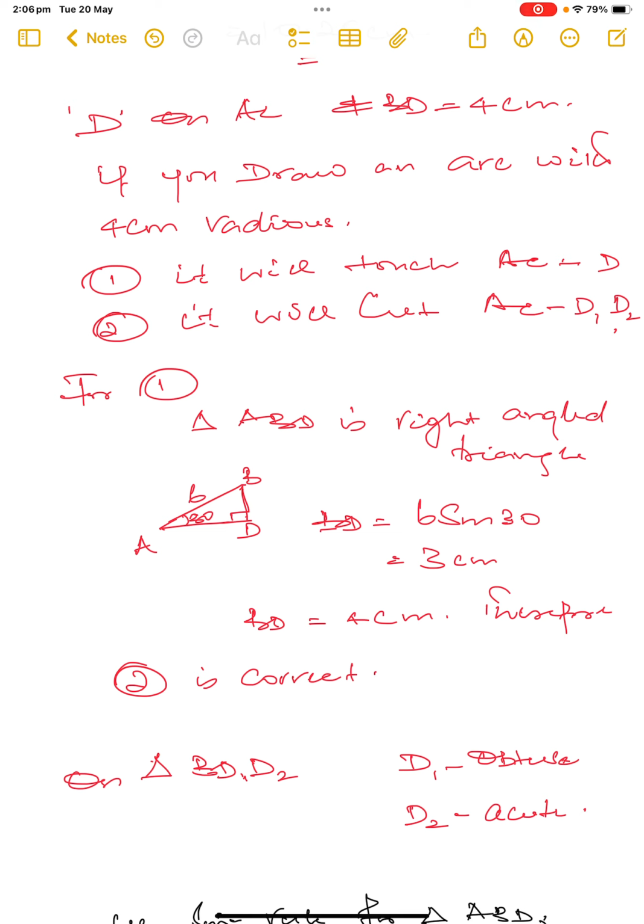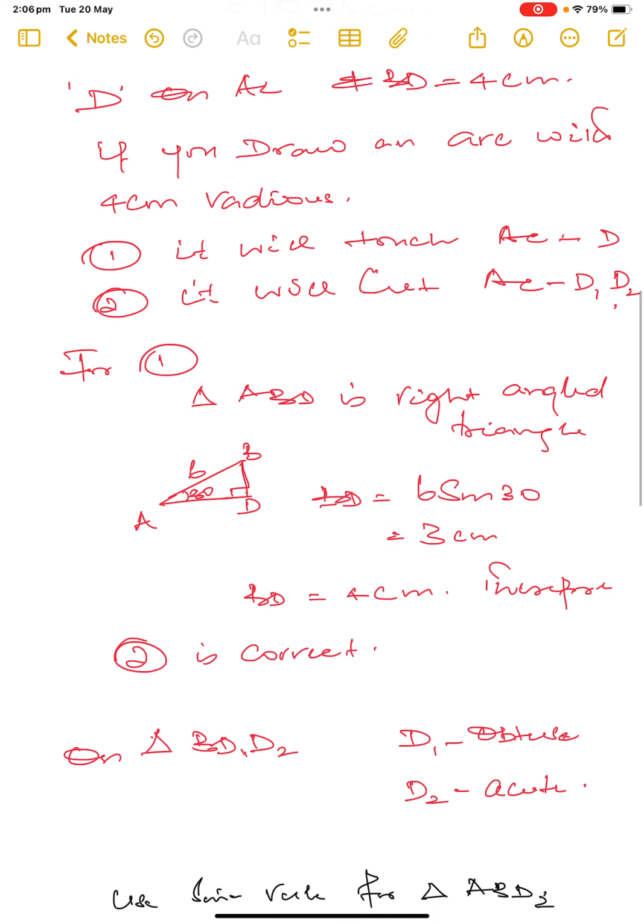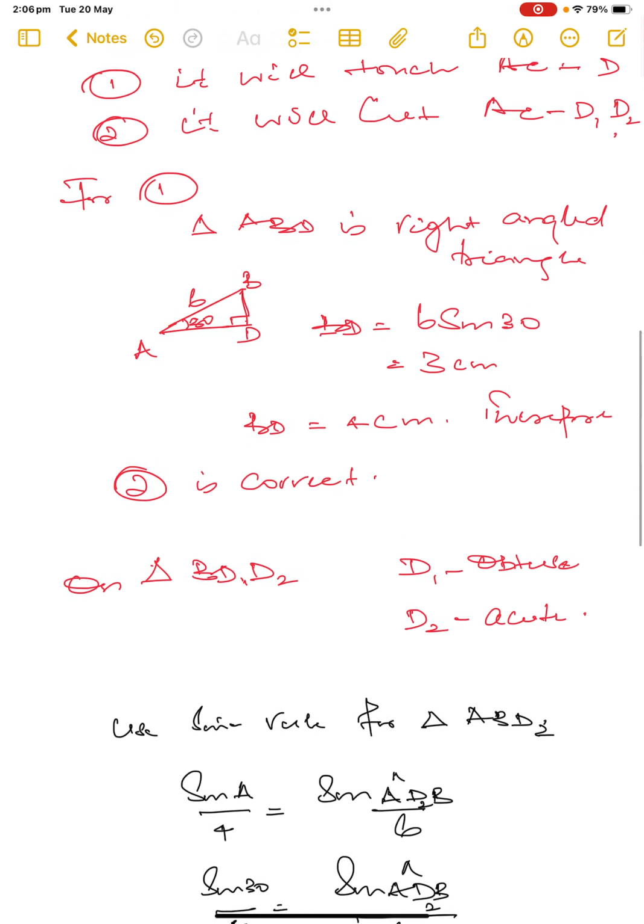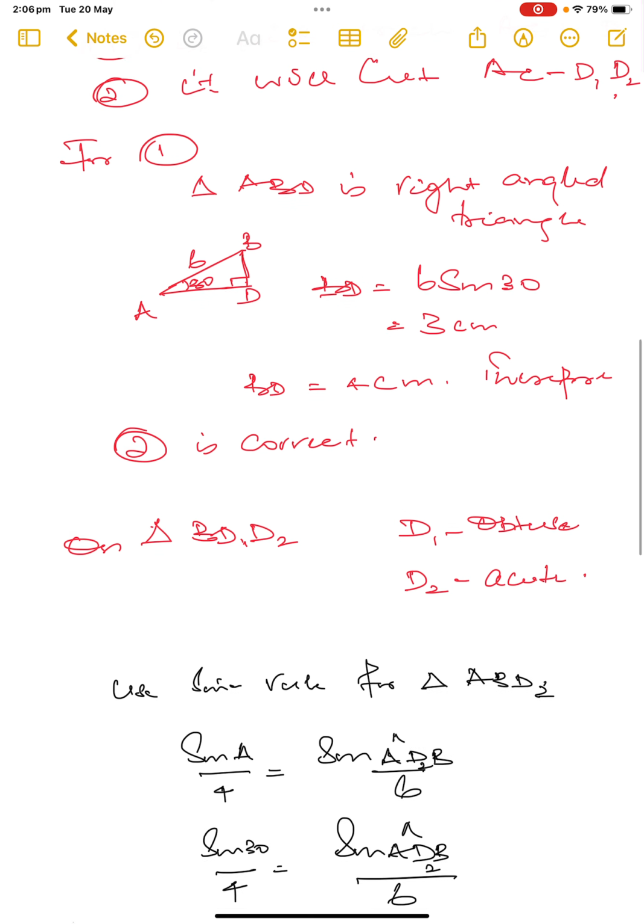Sine 30 is half. 6 times half is 3. So BD from that first option is 3 centimeters. That means it's not right, because they're talking about 4 centimeters. So it cuts, not touches. So option 2 is the correct option to take.